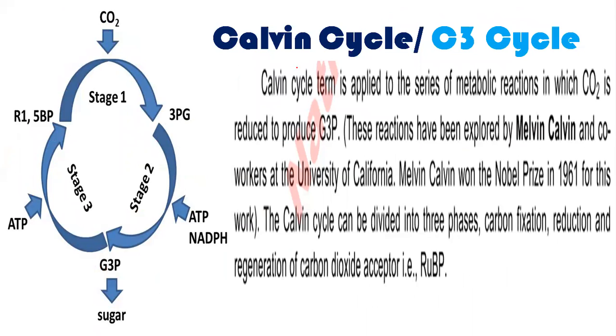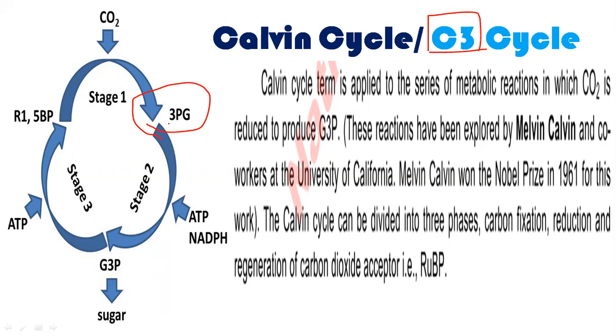So let's talk about the Calvin cycle, which is also named the C3 cycle, or the PGA cycle or G3P cycle. As well as Calvin cycle, dark reaction or light independent reaction, there are lots of names for this. In the C3 cycle, the first stable compound formed by this reaction has 3 carbons in it.